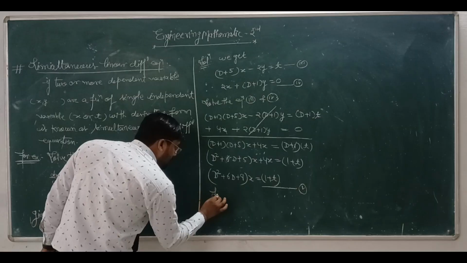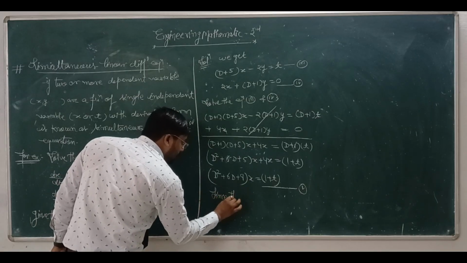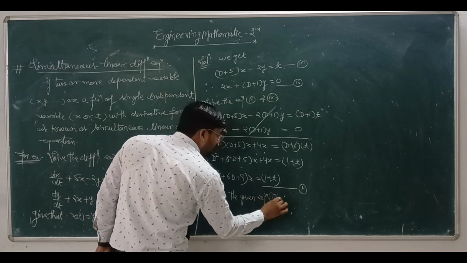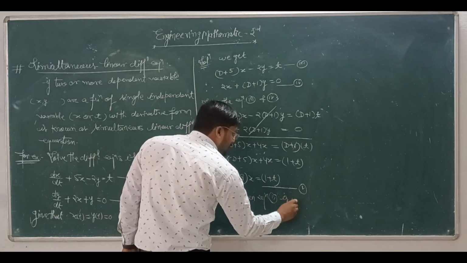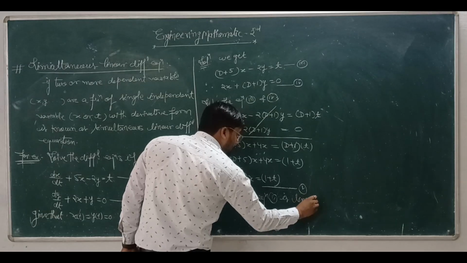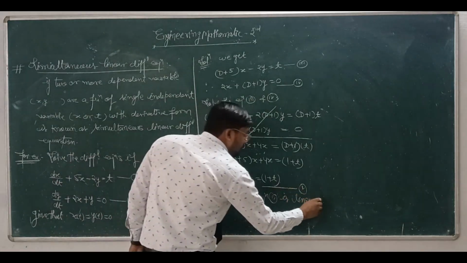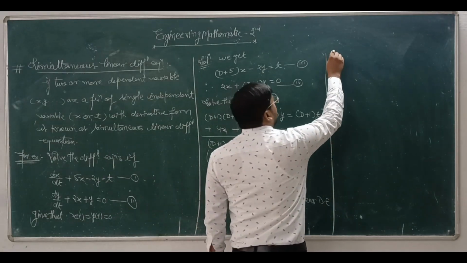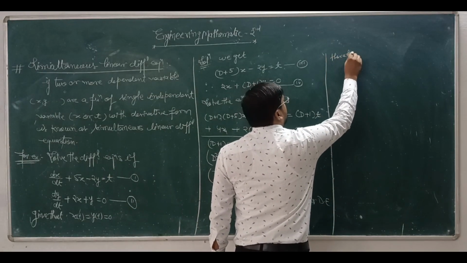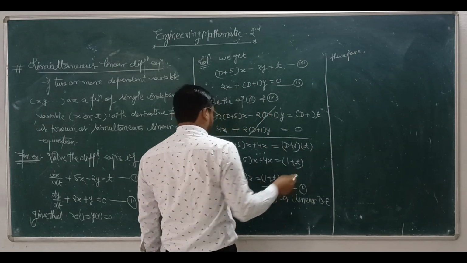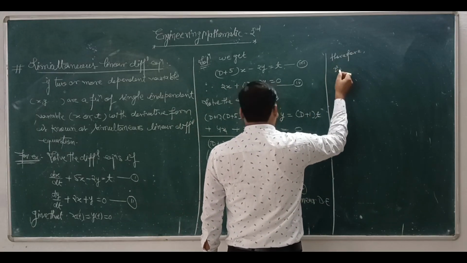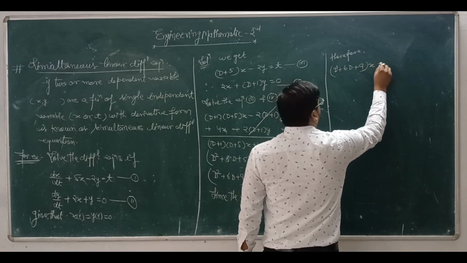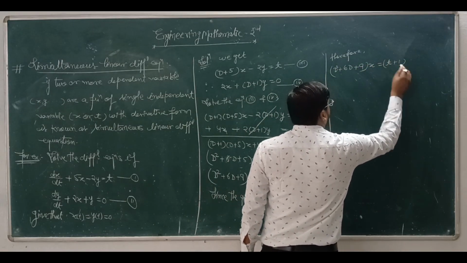Since the given equation fifth is a linear differential equation, therefore you can write (D square plus 6D plus 9)x is equal to t plus 1. Now you can solve this.